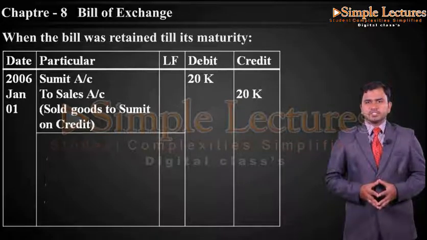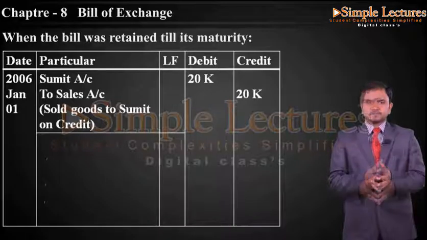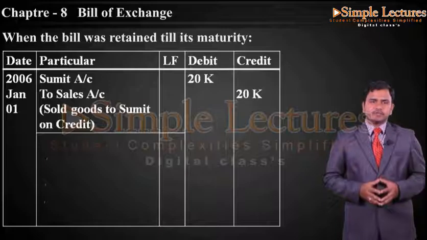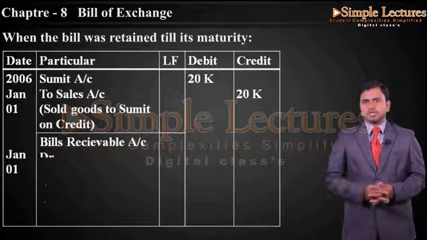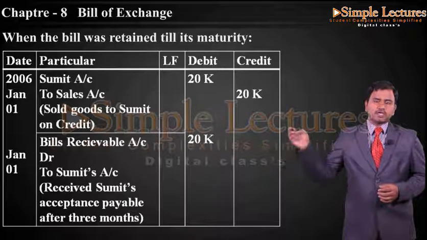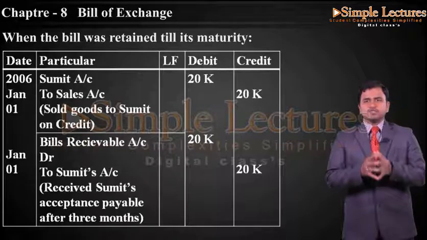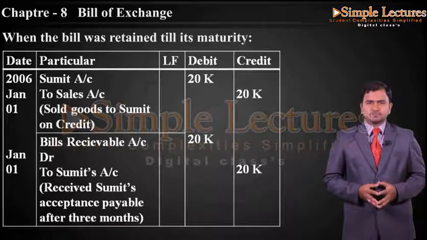The next entry will be for the acceptance of the amount due from Sumit. He is going to accept the bill. For that the entry will be on the same date, Jan 1st 2006: bills receivable account debtor to Sumit account, 20,000 debit and 20,000 credit, and the narration will be received Sumit's acceptance payable after 3 months.